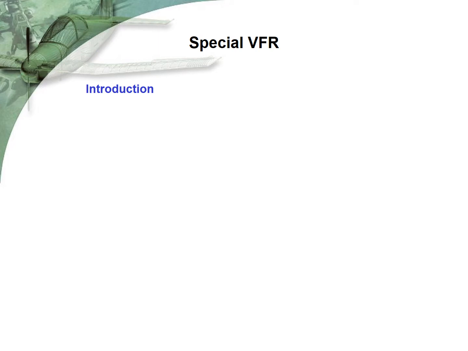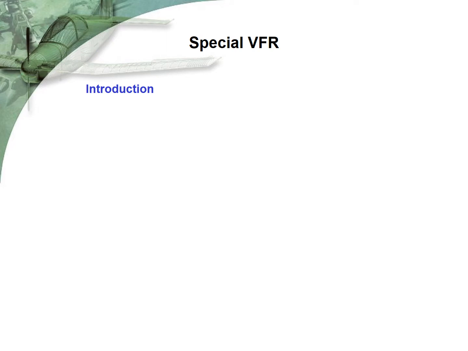At the end of this video, we'll be able to vividly answer this question, define special VFR, know all the regulations pertaining to it, and know the exceptions when the pilot can fly special VFR.